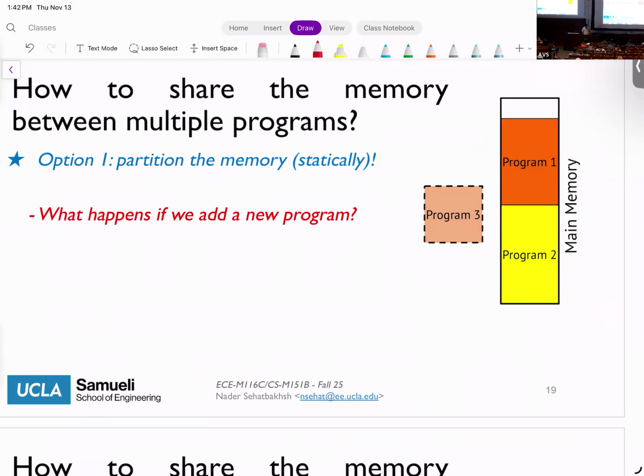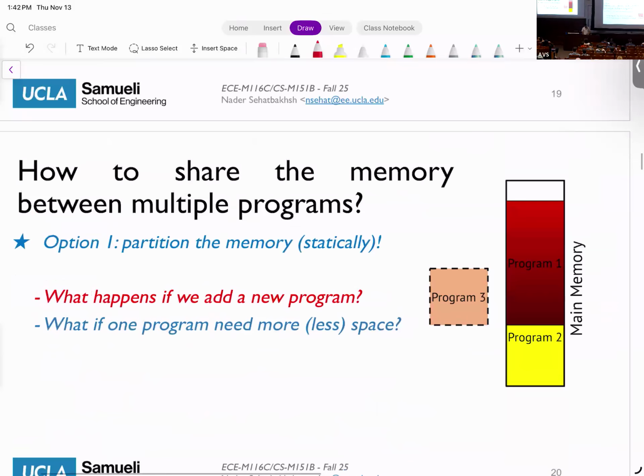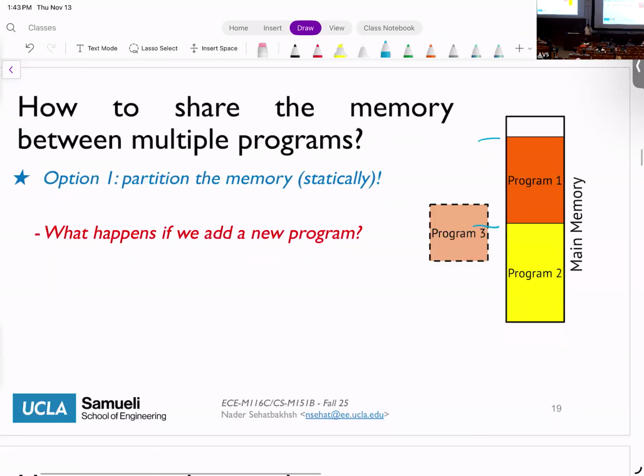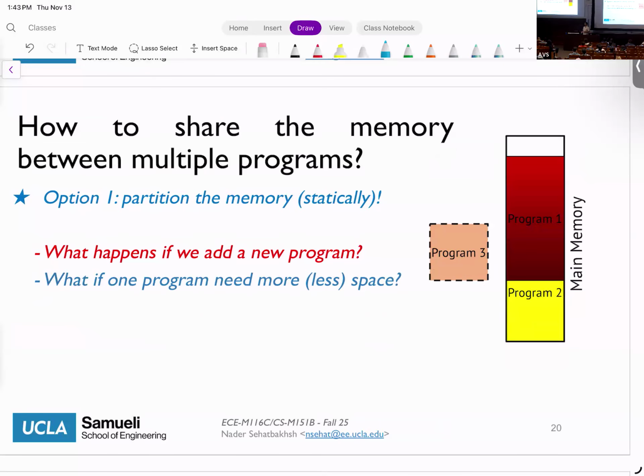Not only that, the second problem that you might have is if you're assigning static space for each program, if one program needs to grow, for example, you have a stack or a heap that needs to grow, or one particular program just needs more space, how do you support that as well, right? So there might be some dynamic changes to the behavior of the program. How do we handle those? In general, how do we handle dynamically this kind of assignments to my main memory?